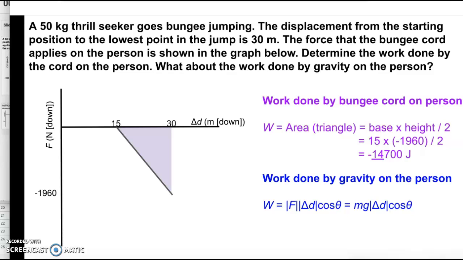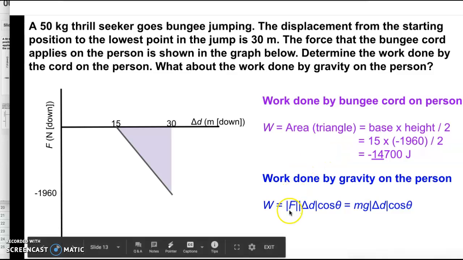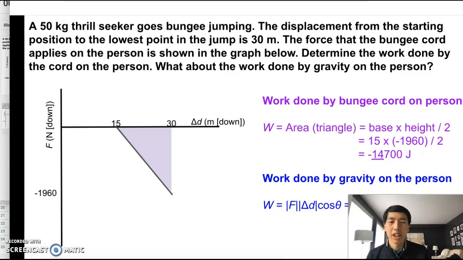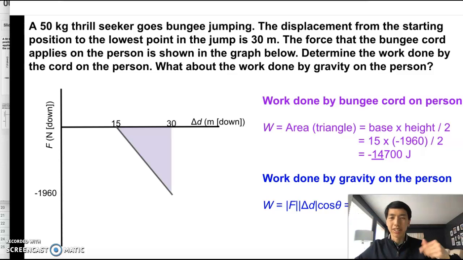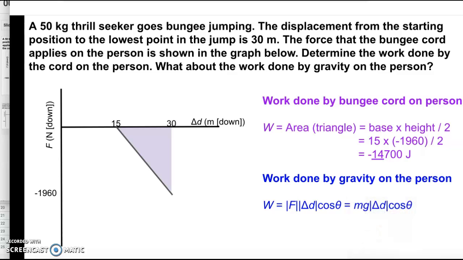Cosine of theta. So theta is the angle between the force direction and the displacement direction. However, they're the same direction. The force of gravity is straight down, and the displacement of the bungee jumper is straight down. They're in the same direction, so the angle we use when they're in the exact same direction is 0 degrees.